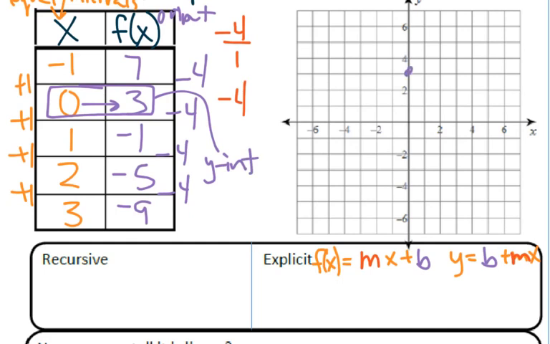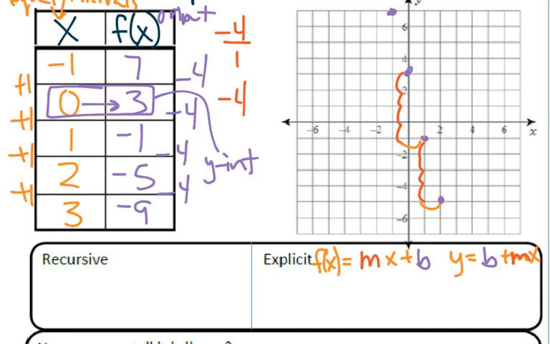Then for our slope, we go down 4, because it's negative: 1, 2, 3, 4, and to the right 1 to make our next point. Go down 1, 2, 3, 4, to the right 1, as many times as we need to, or up 4 and to the left 1.